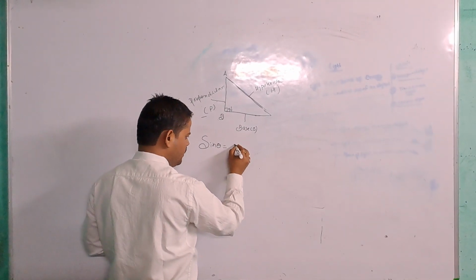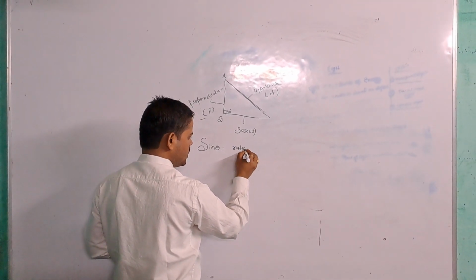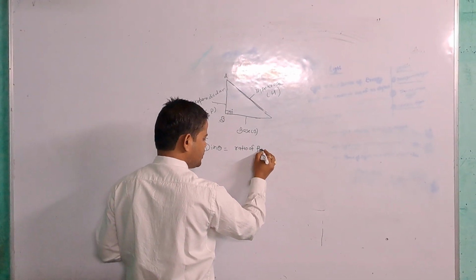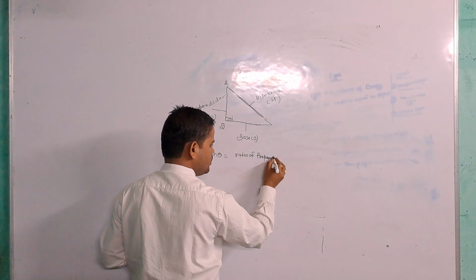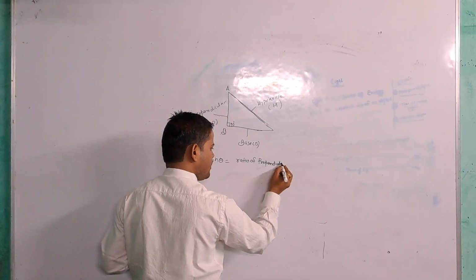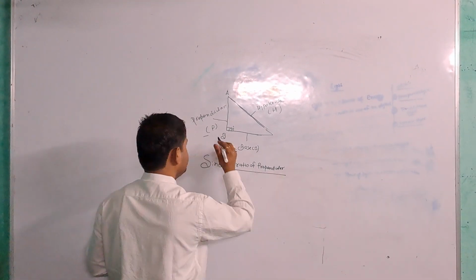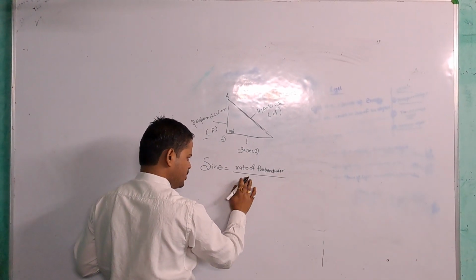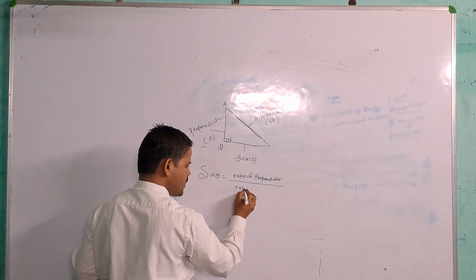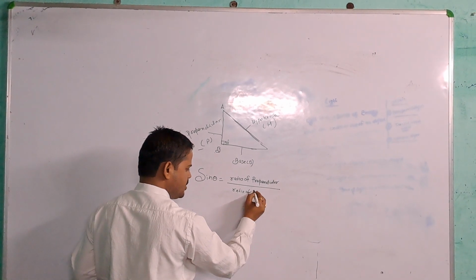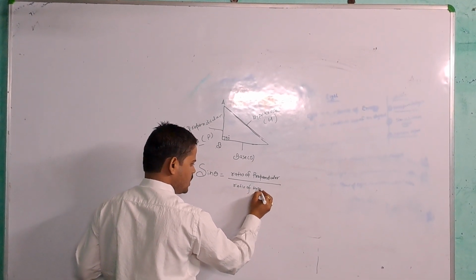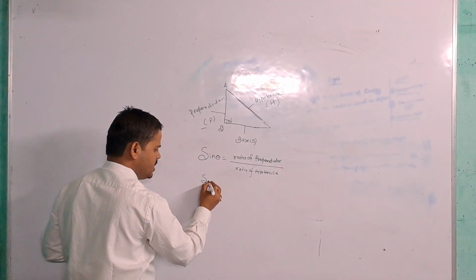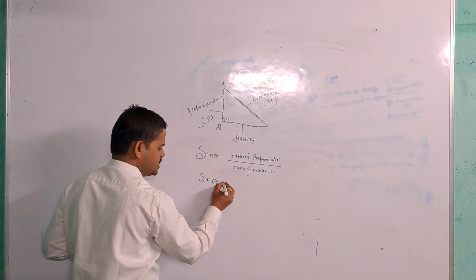The ratio of perpendicular and hypotenuse is known as sin theta. It is represented by p by h.